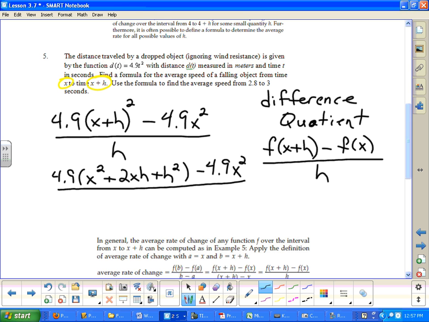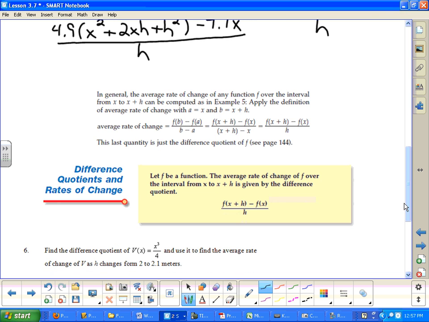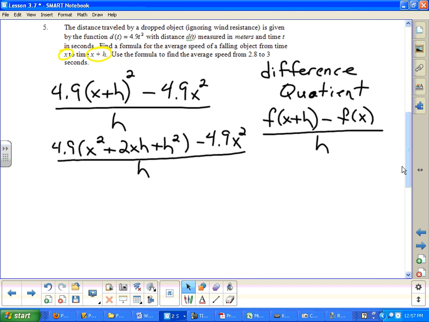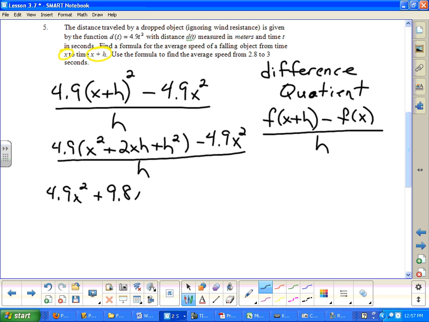So we get 4.9x squared plus 9.8xh plus 4.9h squared minus 4.9x squared.